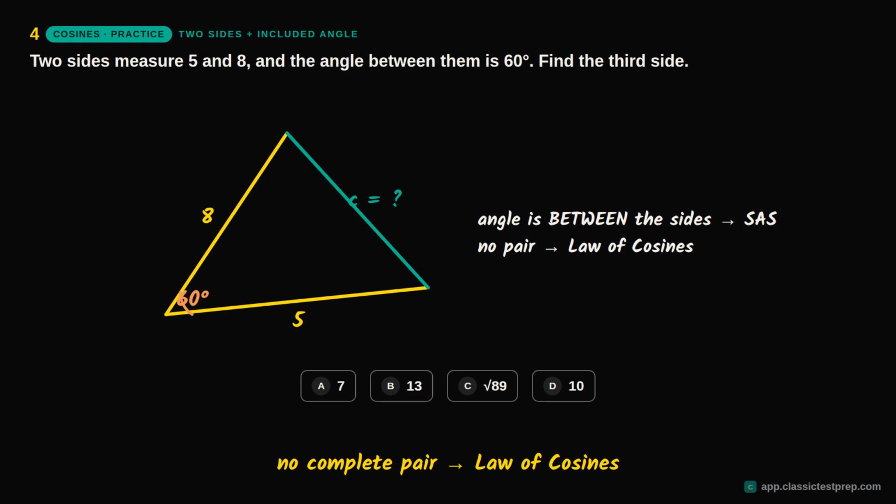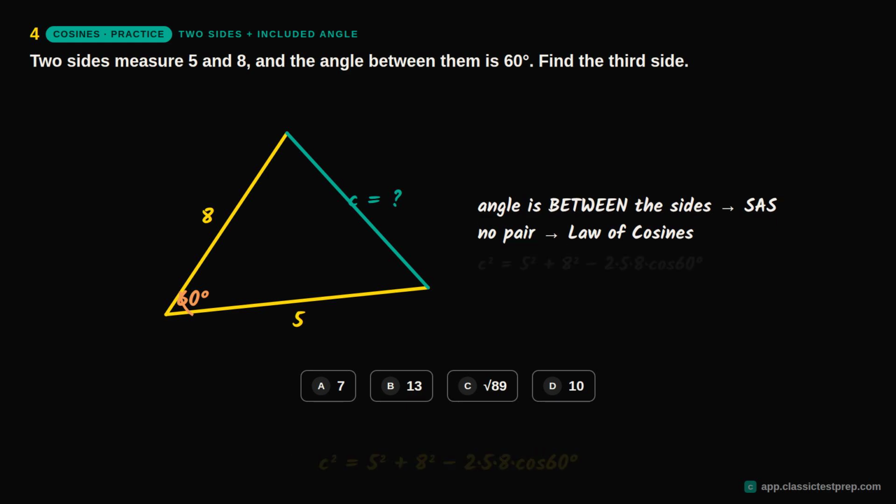We have to use the law of cosines, that fancy Pythagorean theorem. C squared is equal to A squared plus B squared minus 2AB cosine of C, where C is that angle that we have. So C squared is equal to 5 squared plus 8 squared minus 2 times 5 times 8 times the cosine of 60 degrees.